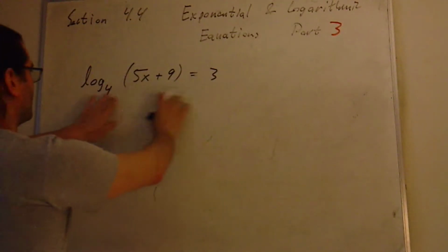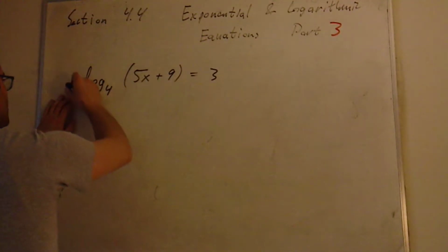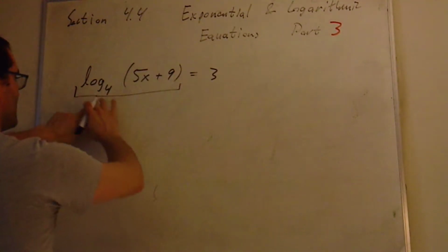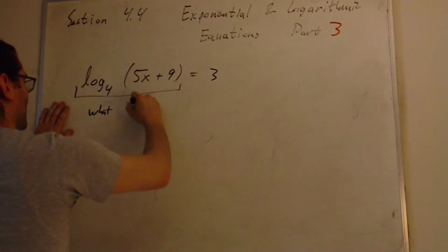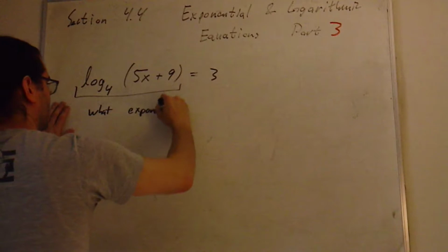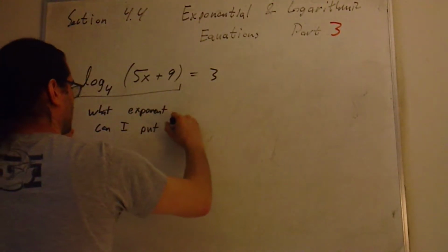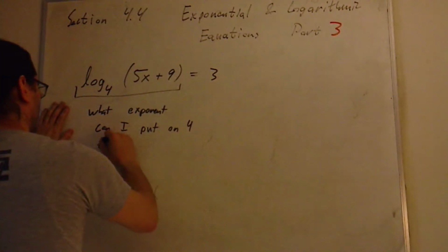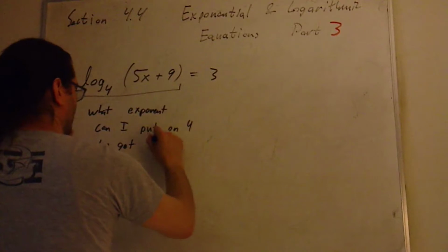Here's what a logarithm means. Ignore the equals 3 for a moment and just look at this. This means what exponent can I put on 4 to get 5x plus 9?